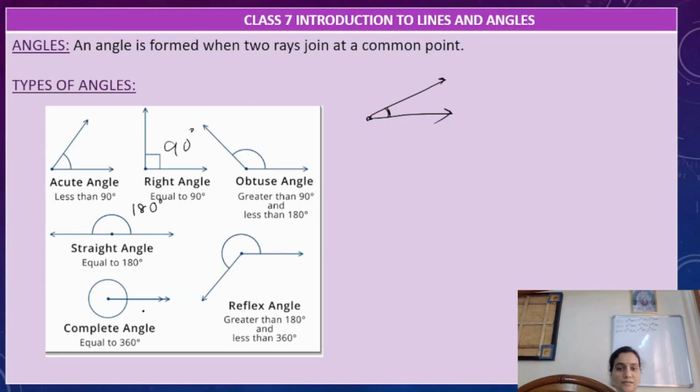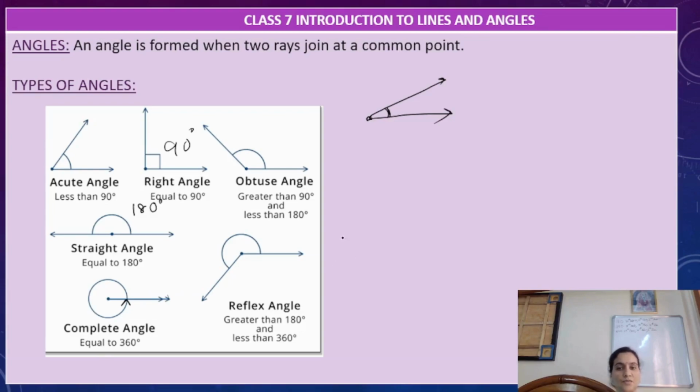And what is that 360 degrees? When one of the rays makes a full complete rotation and falls back onto, coincides with, the other ray, then the angle thus formed is called a complete angle, right? Because that angle is equal to 360 degrees. We can see this complete rotation of one ray and then it falls back on or coincides with the other ray. So this complete angle is equal to 360 degrees.